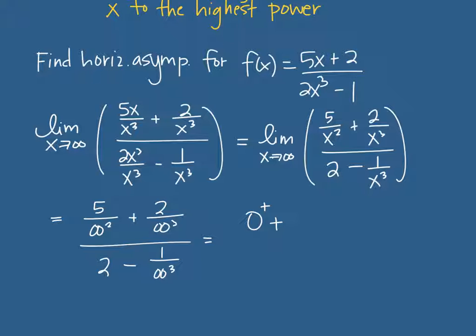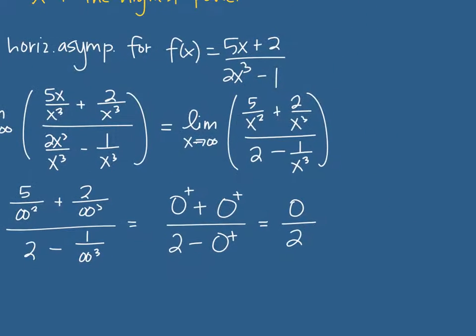Infinity cubed is an even greater infinity, so 2 divided by that is also going to be 0, positive. And then we've got 2 minus 1 divided by infinity cubed. So we end up with 0, more or less, over 2, which are both positive numbers. And so the answer is 0.